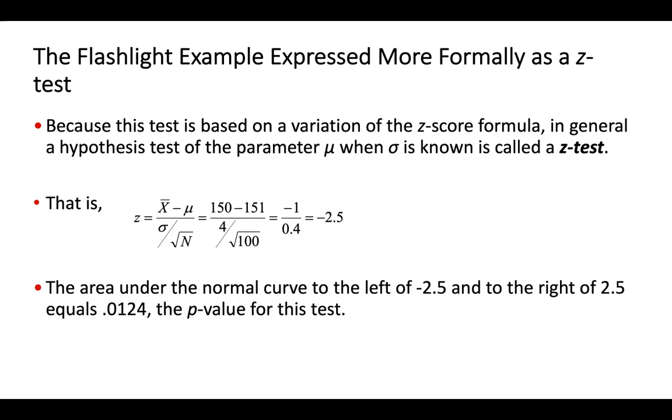If we do not know the population standard deviation, if we have to estimate it from our sample based on the formulas that we were discussing last week, then we have to use the t-distribution for our inferences, right?